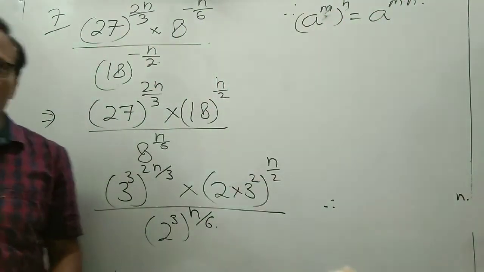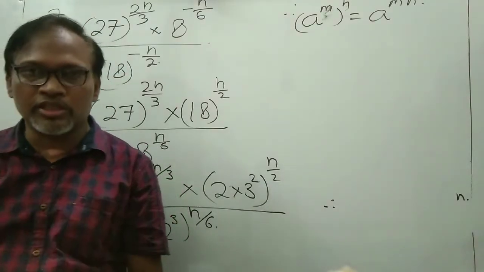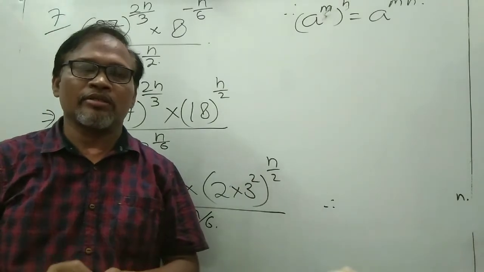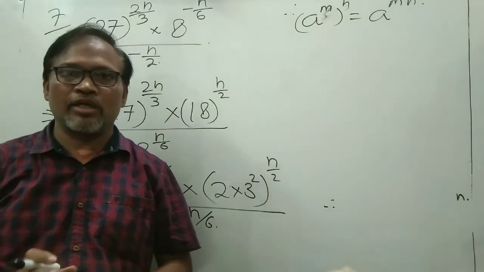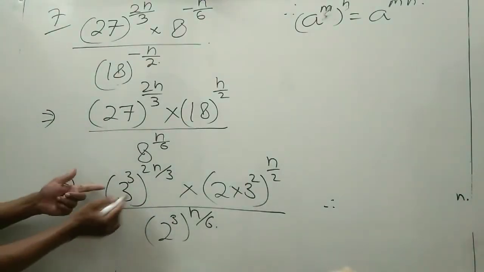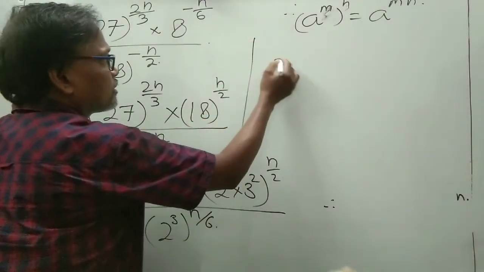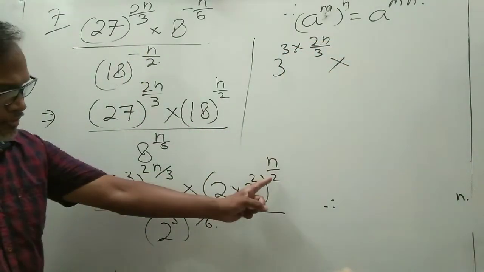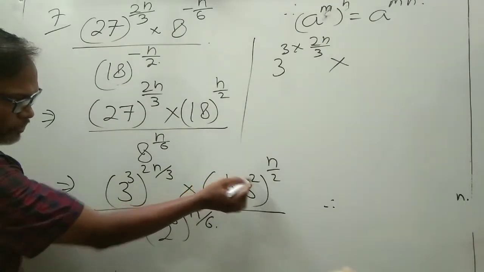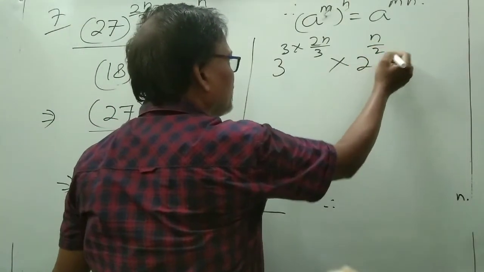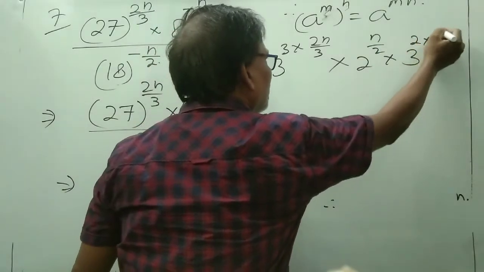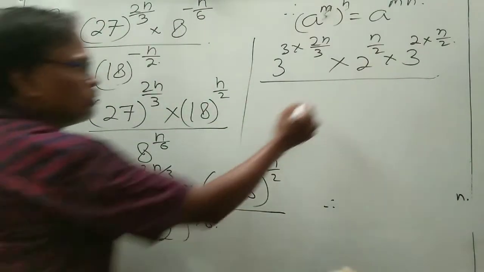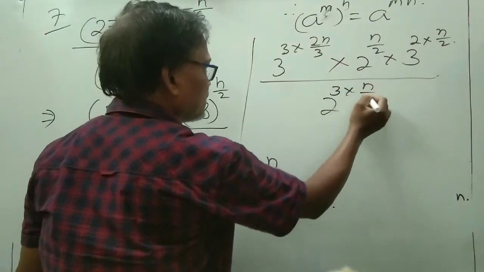Better you write the formula which you are using in the question, then you can learn that formula also. 3 to the power 3 into 2n by 3, this is 3 to the power 2n, into 2 to the power n by 2, because n by 2, so multiply here also and multiply here also. So 2 to the power n by 2 into 3 to the power 2 into n by 2, divided by 2 cube, that means 2 to the power 3 into n by 6.